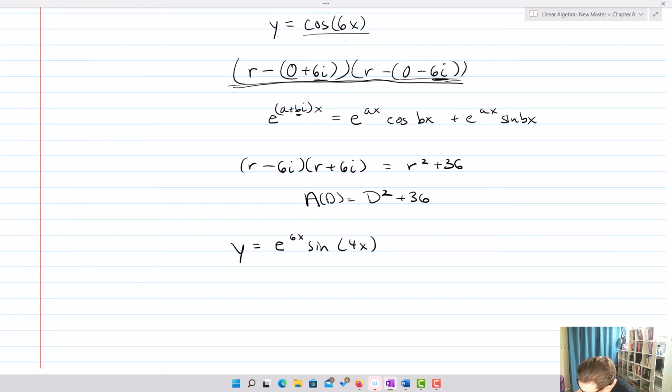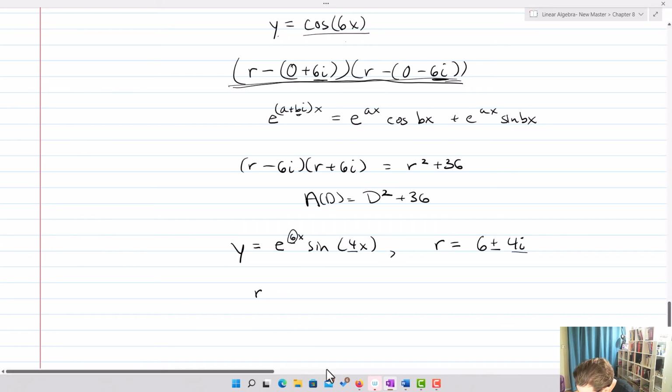Now, what I want to do here is rewrite this. This is going to be my real part. So my root is going to be r equals 6 plus or minus 4i, because 6 is the real part and 4 is the complex part.